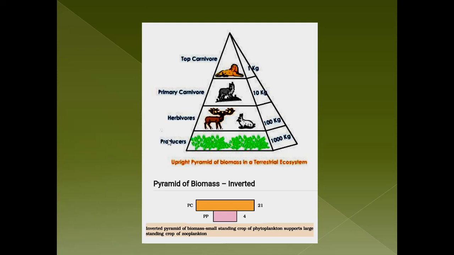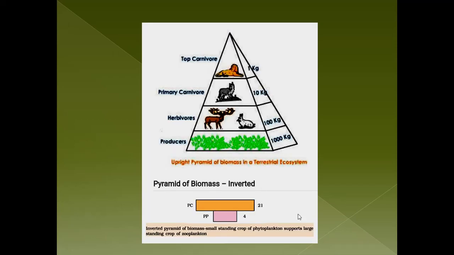Now, another pyramid of biomass is given there at the bottom, where you see that the primary producers show the biomass as 4 kg per square meter area, and the primary consumers as 21 kg per square meter area.